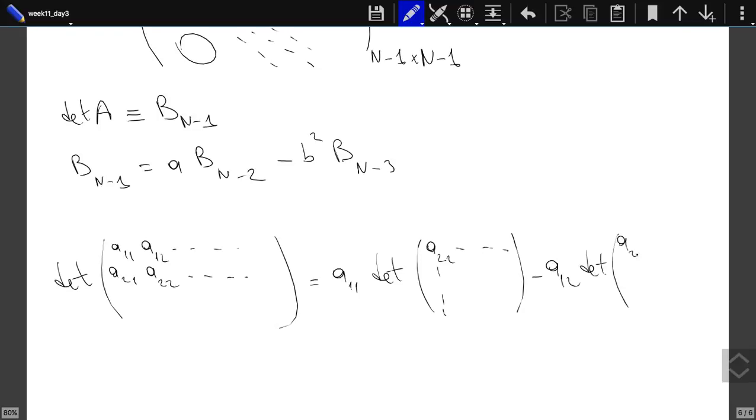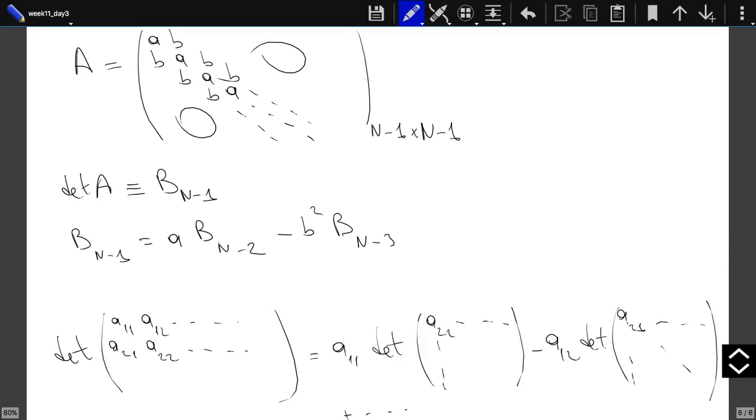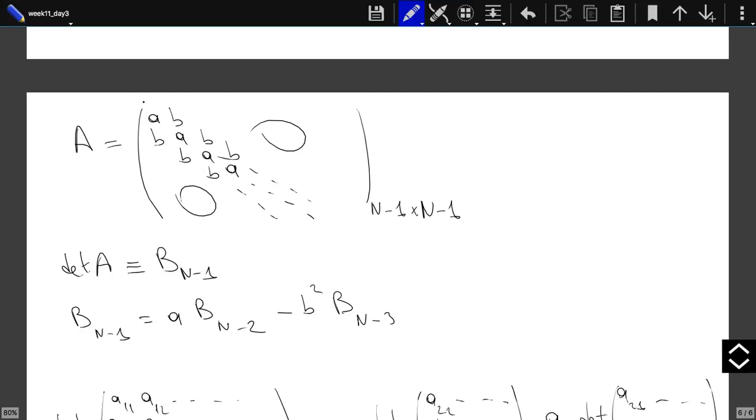So this is A21, plus etc. So this is the origin of this first term. So I just take this A on the above left. What remains is an n minus 2 by n minus 2 matrix of exactly the same form.